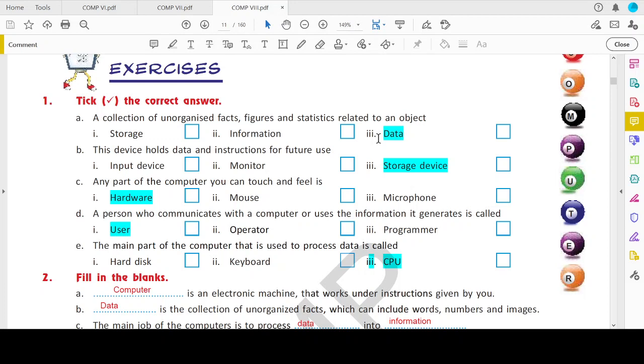And when it is organized to reveal certain meaning, to serve a purpose, it becomes information. It serves some purpose in our real world, in some real world activity, to take some decision or something like that. It becomes information. But when it is unorganized, it is data. So a collection of unorganized facts, figures, and statistics related to an object is data, right?